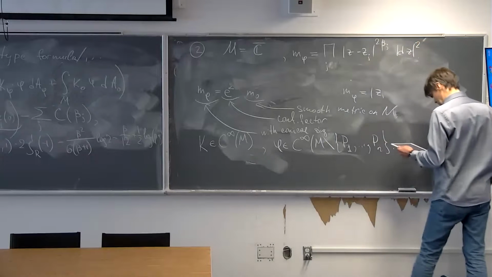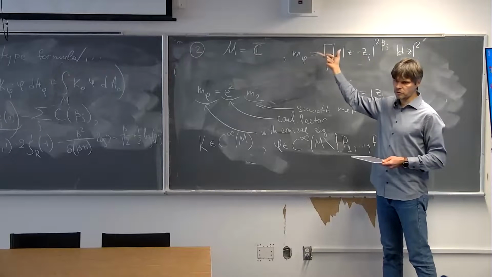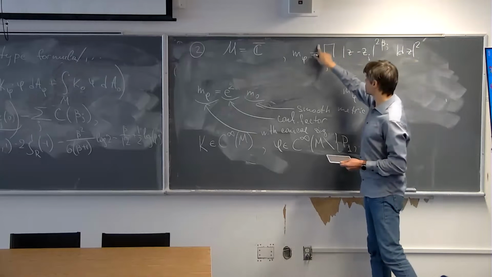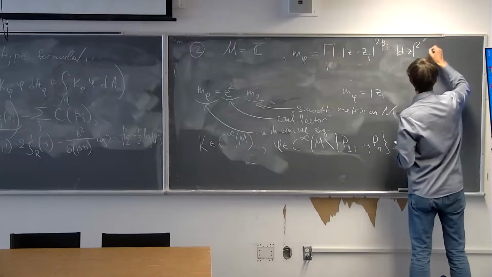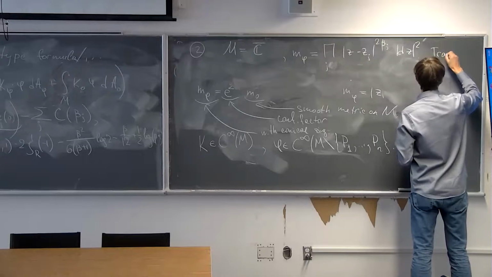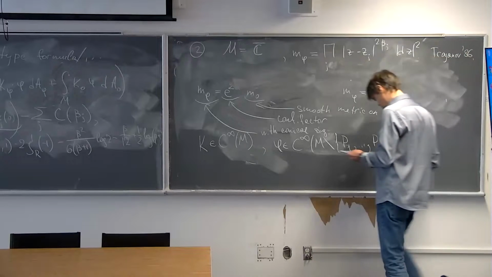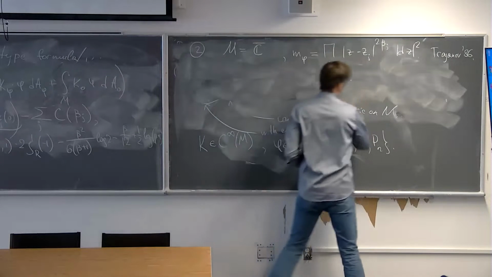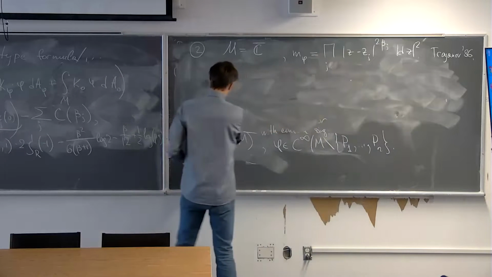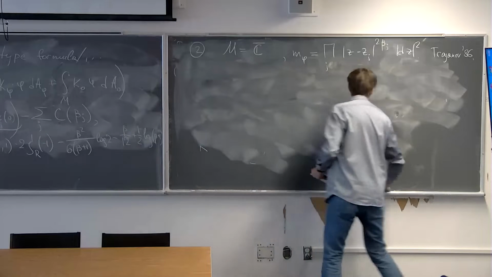After rescaling, any flat metric on the sphere can be written like this. In general, you will also have a rescaling coefficient here, but otherwise it's the general one. It's because of Troyanov's theorem, '86.